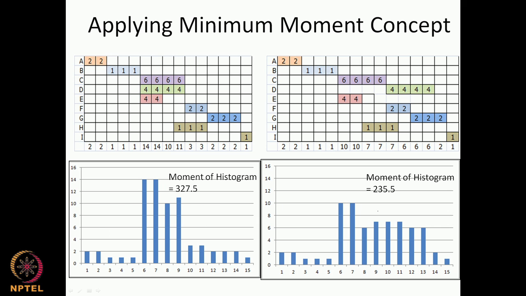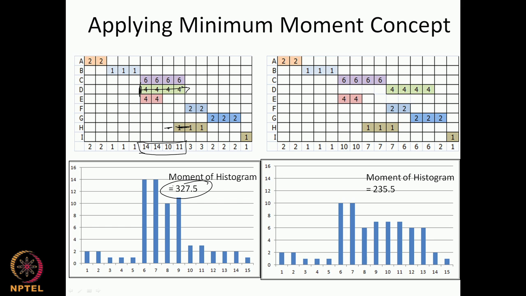So when we apply the moment again, here is the earlier example. Now this is a slightly different histogram than the early start. You will see that activity H has moved by 1 here. If I calculate the moment of this histogram, for activity D starting from here to here, which is loading this set of days, the moment is 327.5.